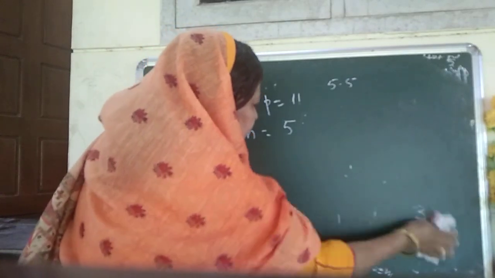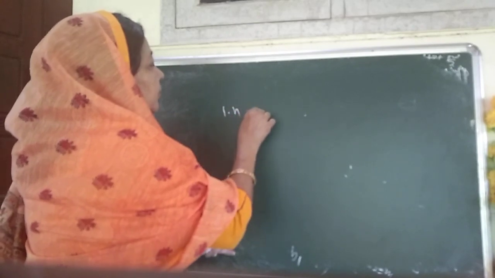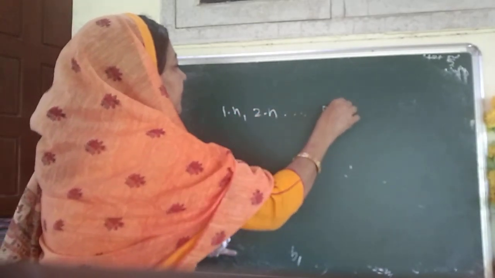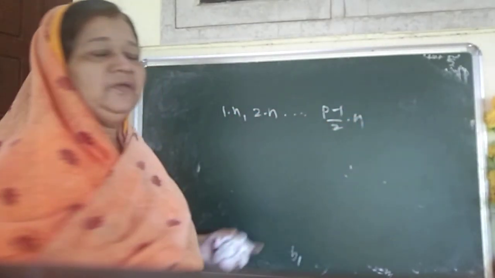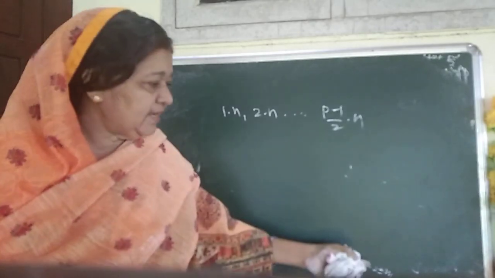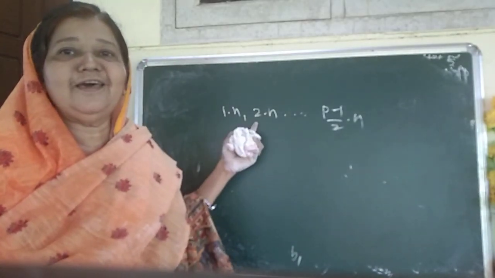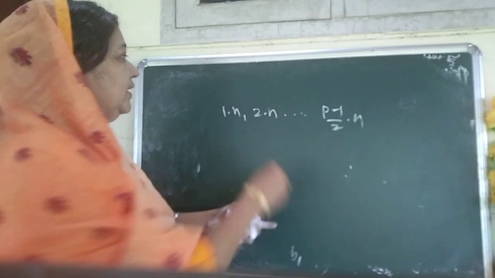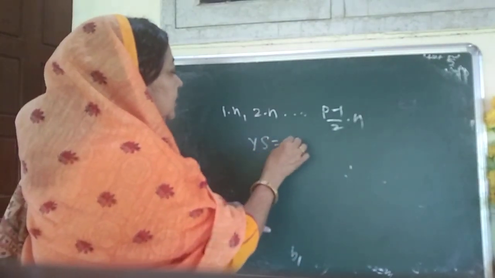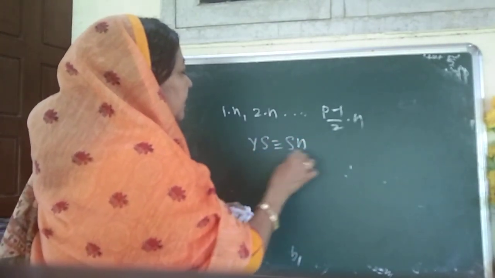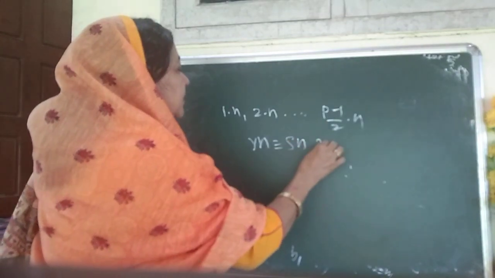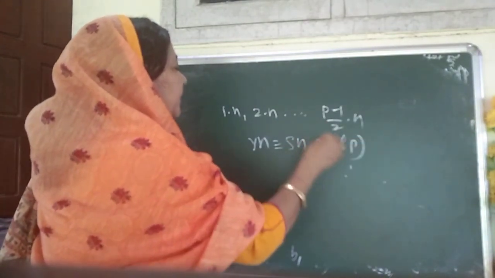Then we can prove this also. Consider 1·n, 2·n, etc., ((p minus 1)/2)·n. We have seen that all these residues are distinct. For if not, let rn equal sn, where the operation is modulo p.